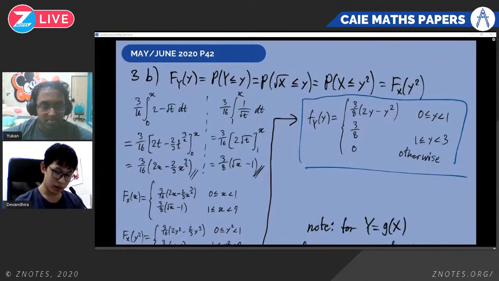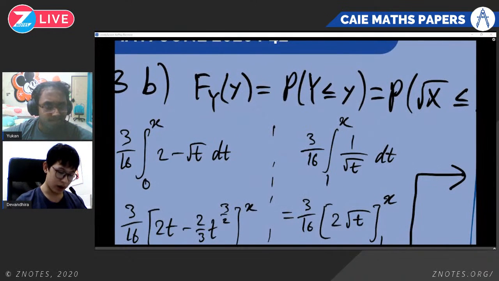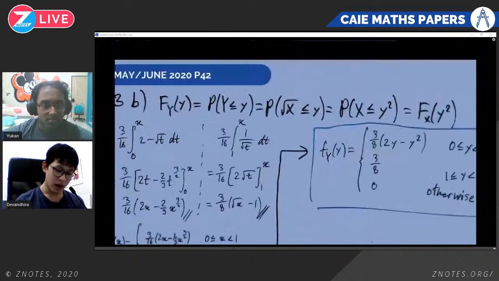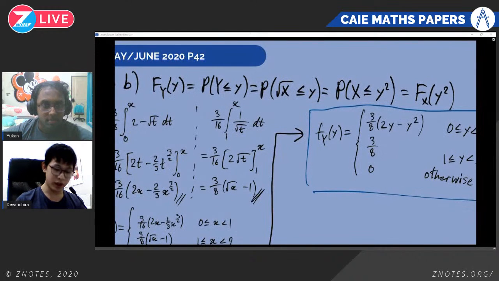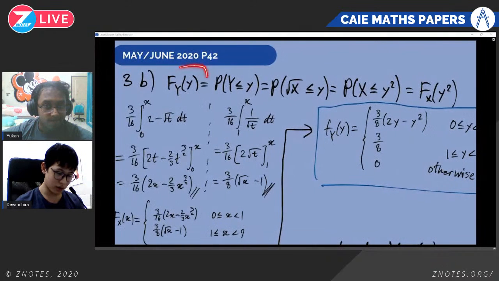Right. So that means if I want to find the PDF of Y, which is usually denoted as small letter f, f subscript Y, I just have to differentiate this, right? Yep. That's exactly it. So I just need to find a way to go from here to here.